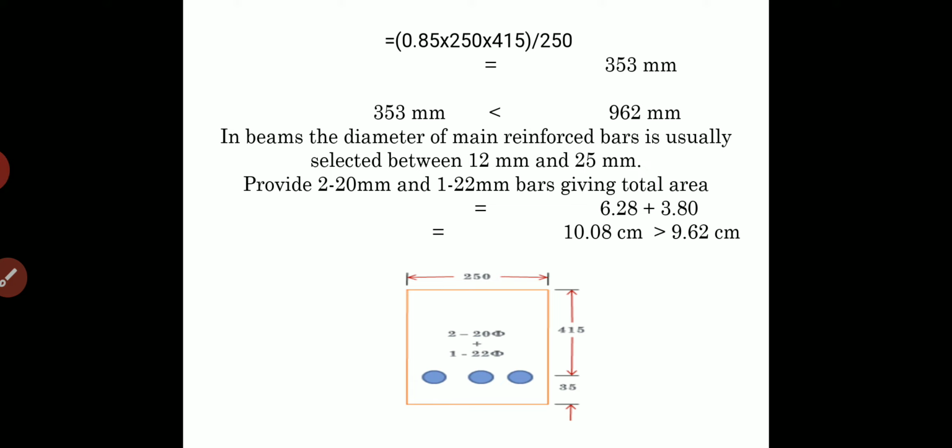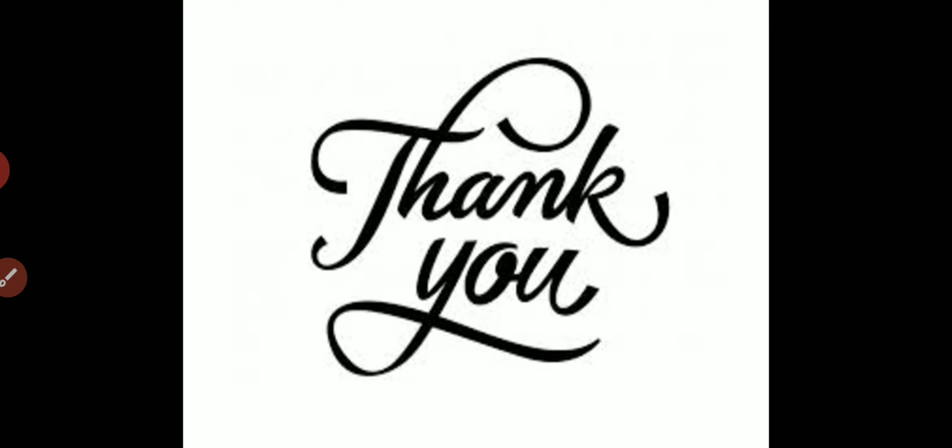So overall depth is 415 plus 35, about 450 mm, and we provide 3 bars: 2 bars of 20 mm diameter and 1 bar of 22 mm diameter. This is the singly reinforced beam designed by the limit state method. So we can solve other examples by this method.